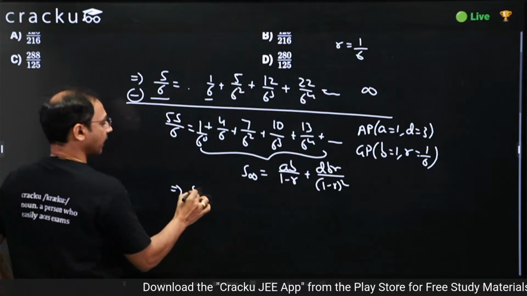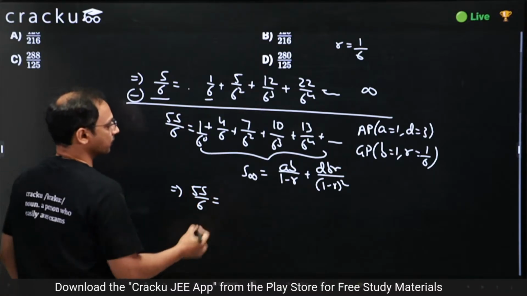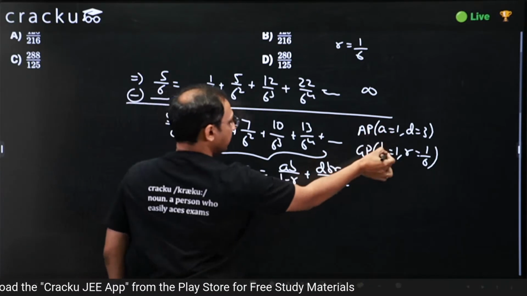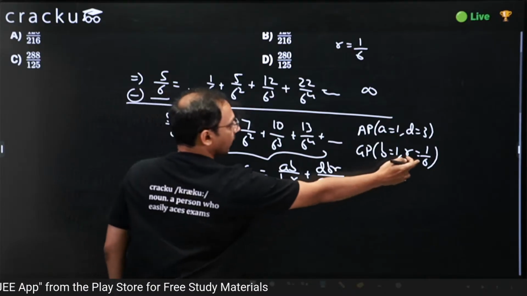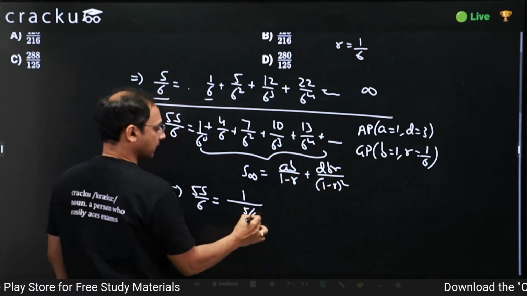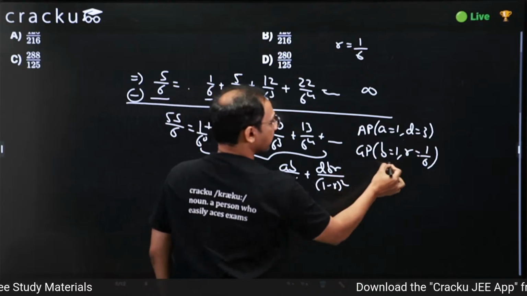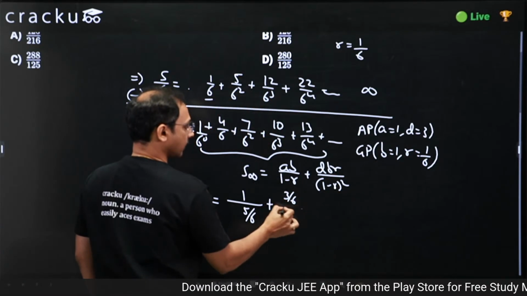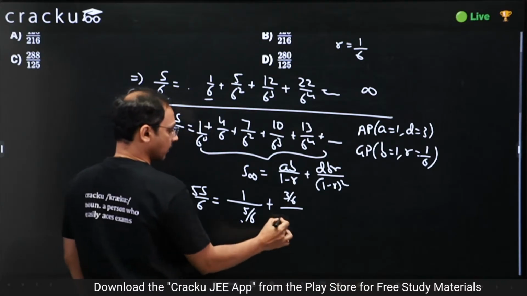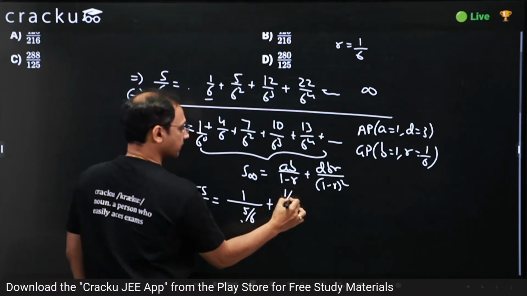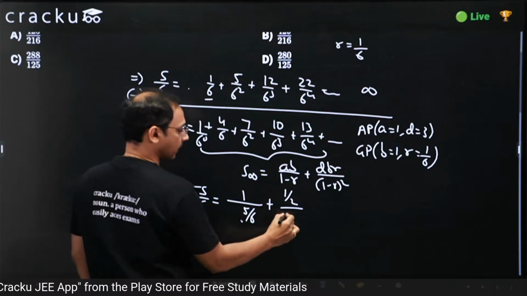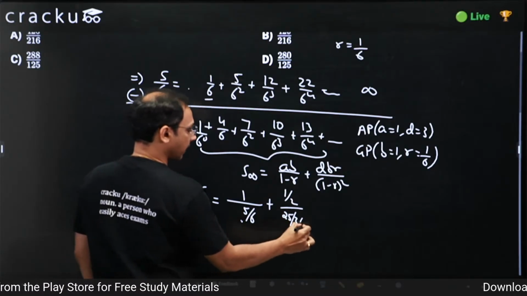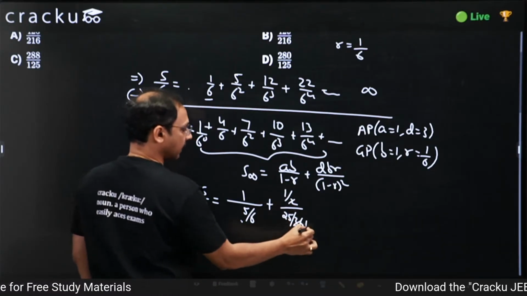So I get 5S by 6 is equal to, what is AB? AB is 1. 1 minus 1 by 6 is 5 by 6 plus DBR is 3 by 6. 1 minus R whole square will give me, 3 by 6 I'll write as 1 by 2. 5 by 6 whole square will give me 25 by 36. This will go 18 times.